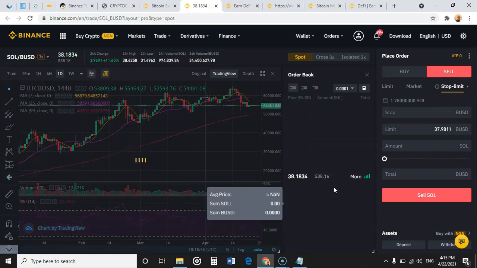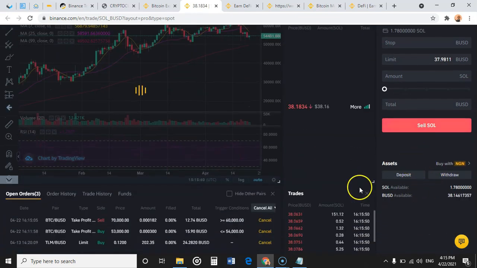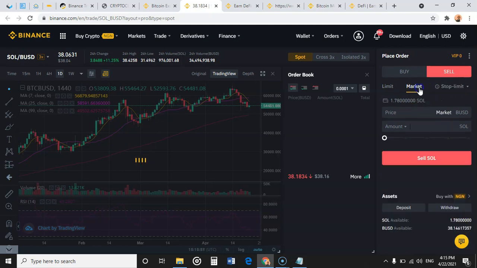For SOL BUSD, which is Solana, let me now show you how to set limit orders, or let me say if you want to sell at the current market price. So if you come here, I have 1.78 Solana. If I decide to sell everything, it is possible. I'll just click on sell Solana. When I click on sell, it will execute automatically.